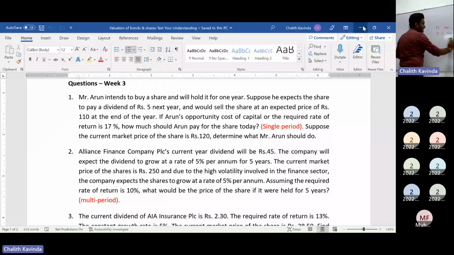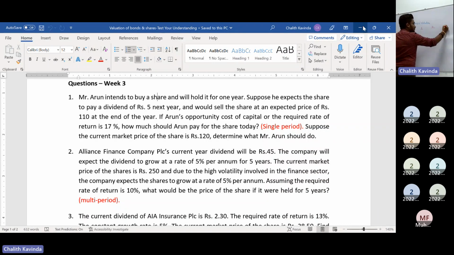The other one is multi-period valuation, which means the investor is going to hold the share for more than one period. For example, let's say the investor purchases a share and holds the share for 3 years.